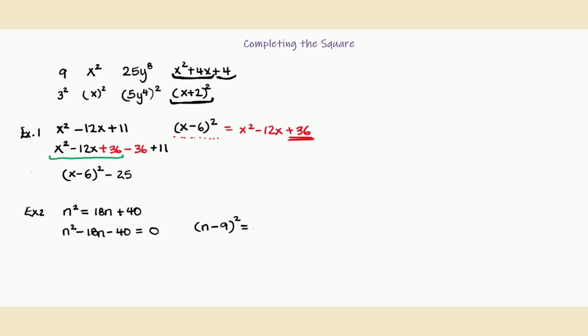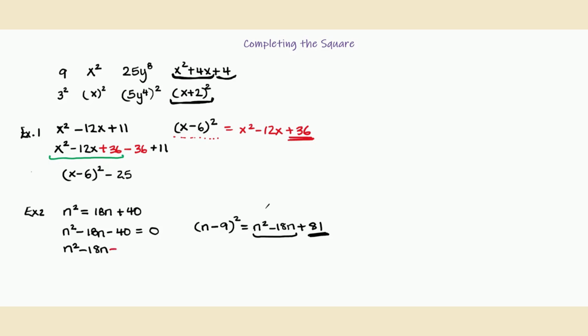This simplifies to n squared minus 18n, and of course negative 9 squared is 81, positive 81. So the first part is n squared minus 18n, and we have to add in 81 to complete the square. So we'll do that right here. So n squared minus 18n.